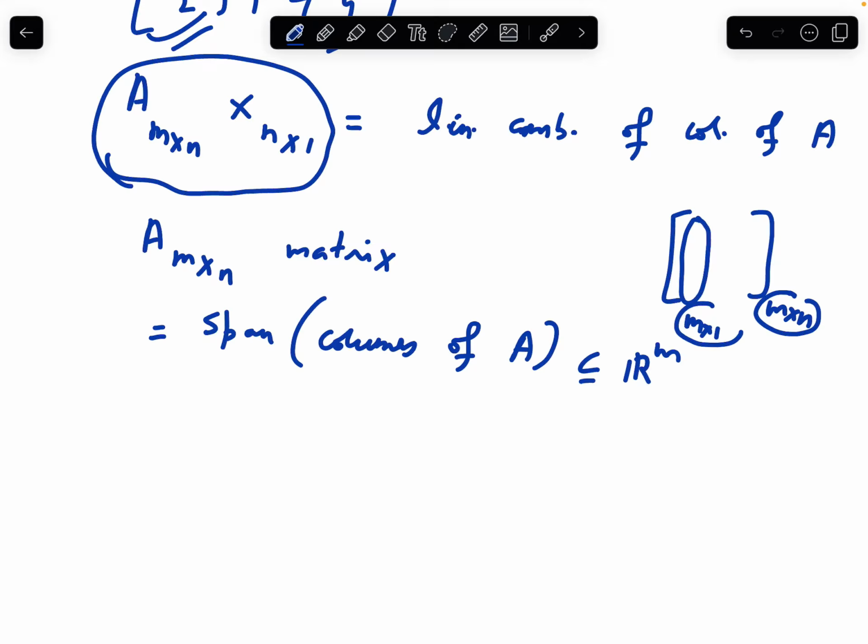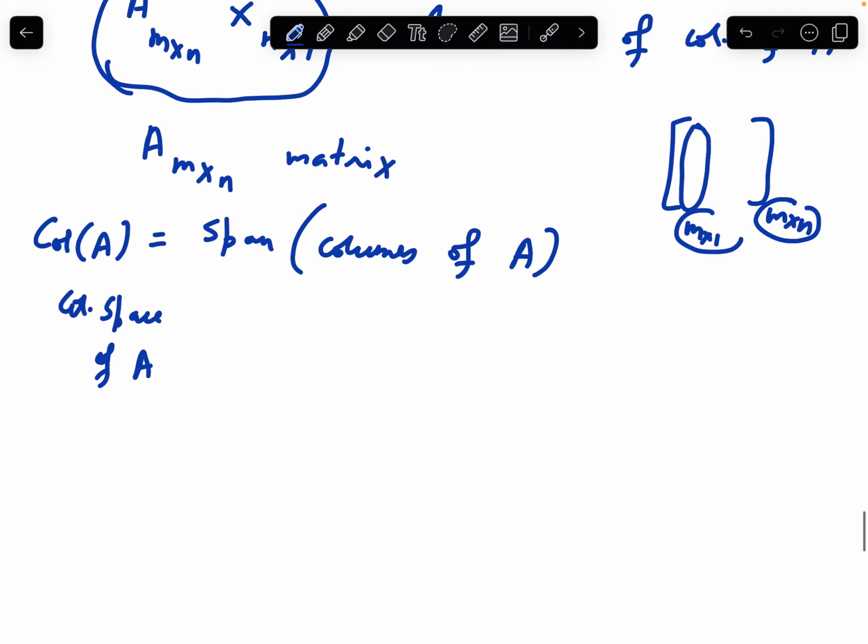So A, an m by n matrix, has a vector space associated to it given by this. And we call this column space of A, right? This is column space of A. Okay.